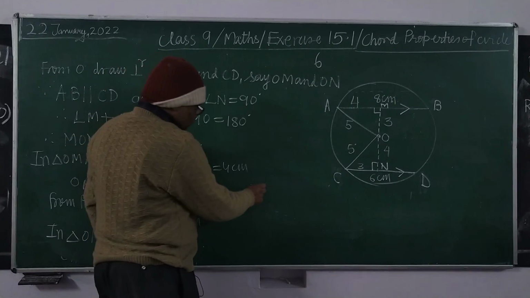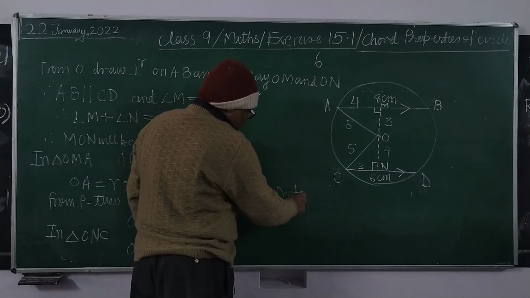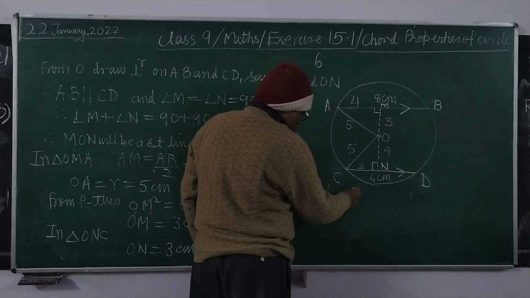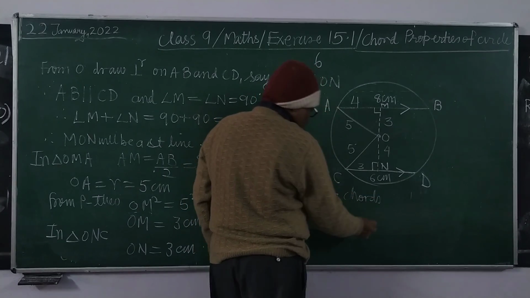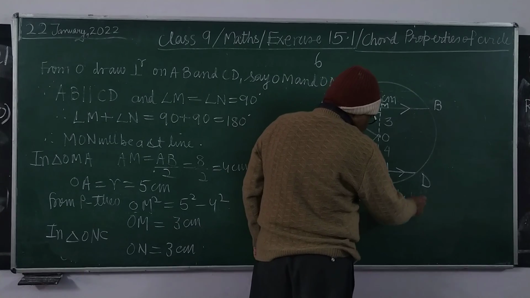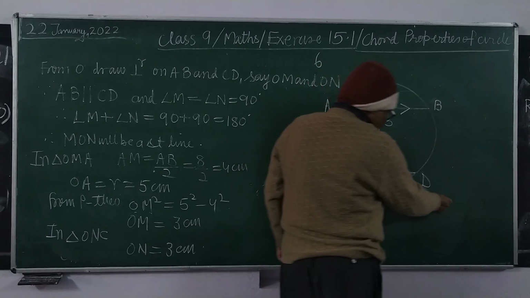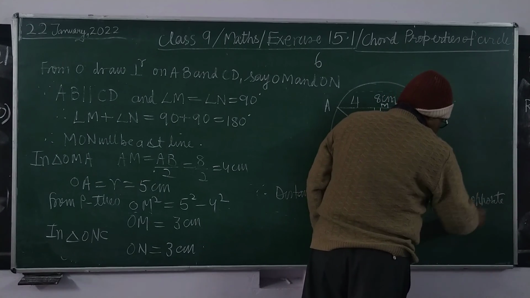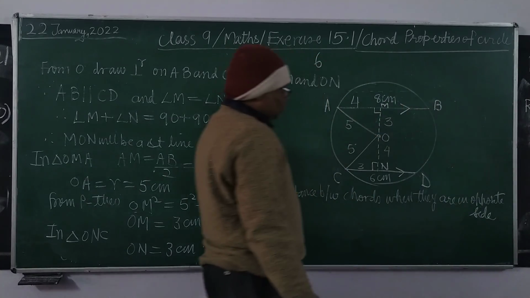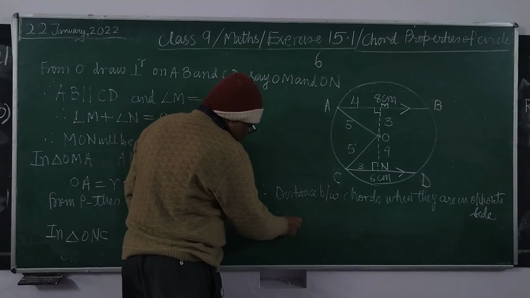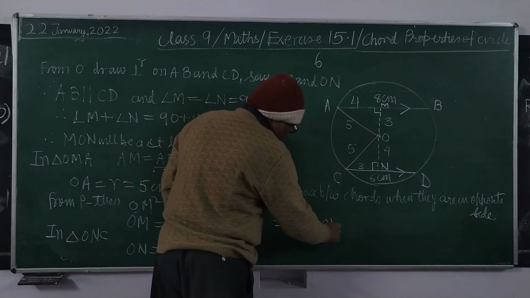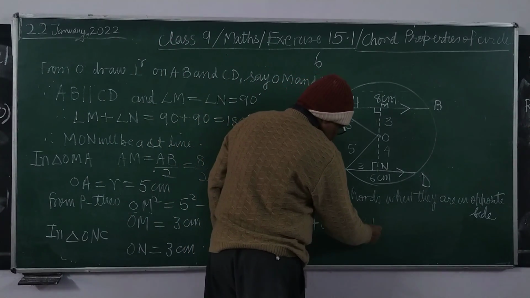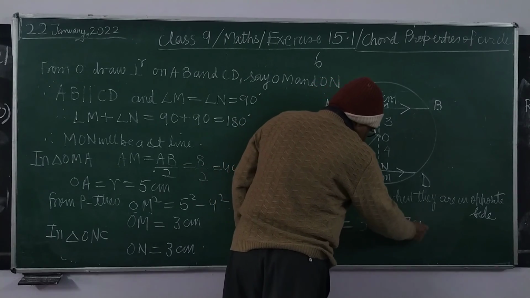Therefore, distance between chords when they are on opposite side equals OM plus ON, that is 3 plus 4, 7 centimeter.